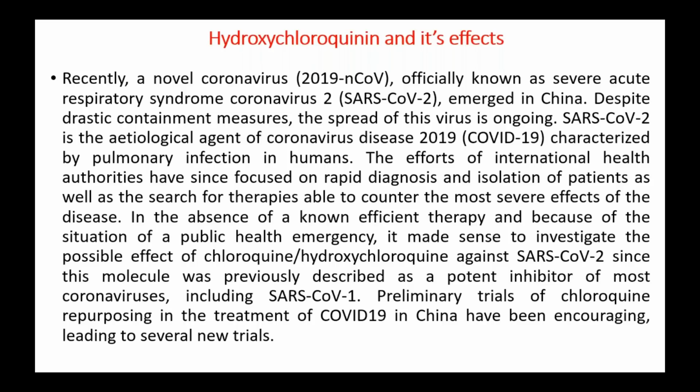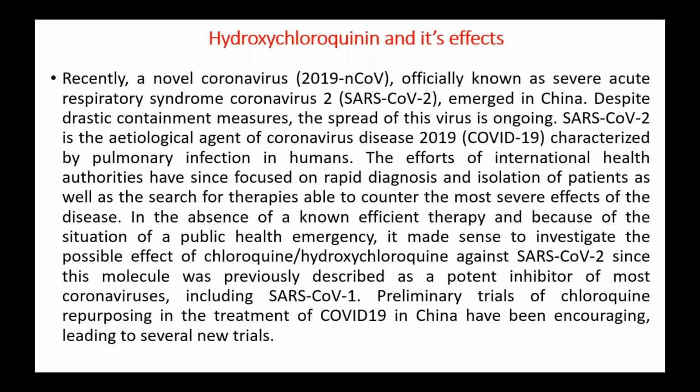China is the place of origin, as everybody knows. Despite drastic containment measures taken by governments, the spread of this virus is ongoing. It is the etiological agent of coronavirus disease COVID-19, characterized by pulmonary infection in humans. The efforts of international health authorities are focused on rapid diagnosis and isolation of patients, as well as the search for different therapies able to counter the most severe effects of the disease.